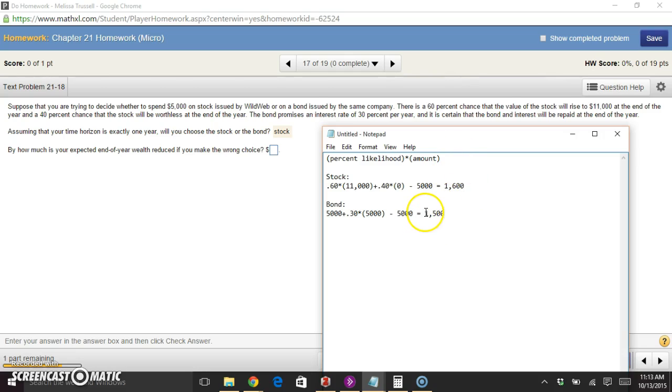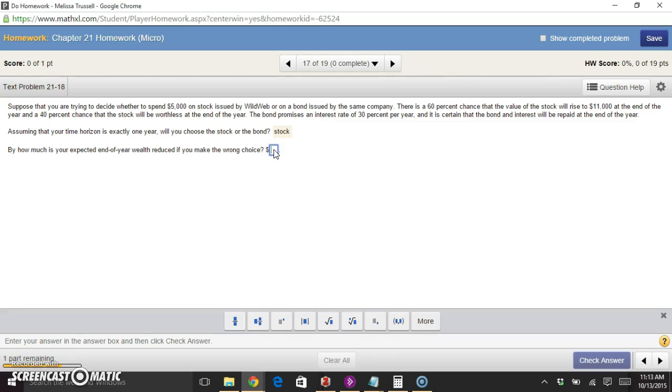If we go with the bond, we get $1,500 expected at the end of the year. So if we chose the bond, we reduce our expected value by $100. See that? Because our expected value for the stock is $100 more than our expected value for the bond. So here I'm going to say that our expected end-of-year wealth is reduced by $100 if we make the wrong choice.